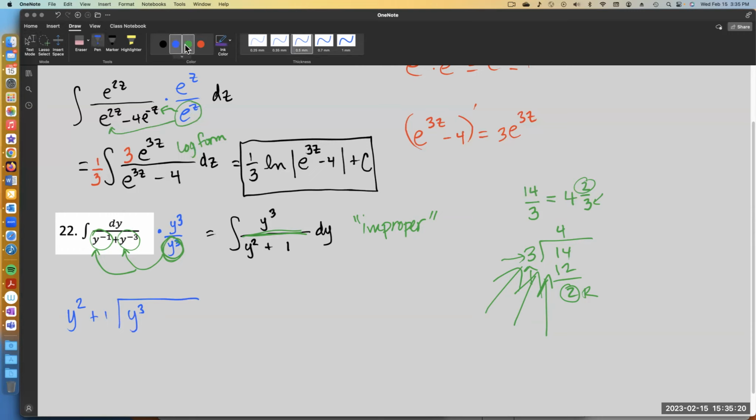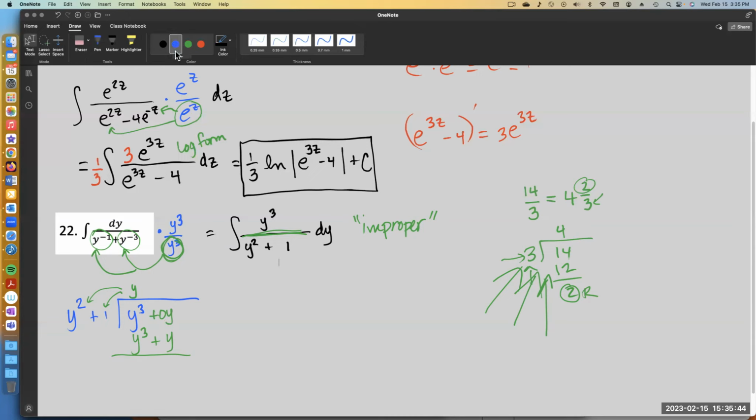So then we put up here in the top, we say, okay, what multiplied by y squared gives us y cubed? And then we distribute it to each of these terms. So this is going to give us y cubed plus y. And then we have to subtract. And if it's helpful to you, you can put a placeholder up here. You can just say that that's 0y.